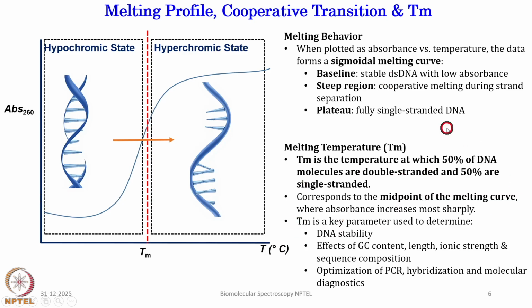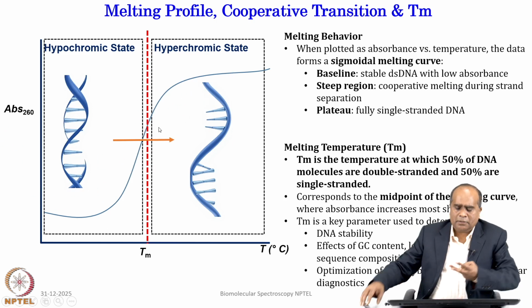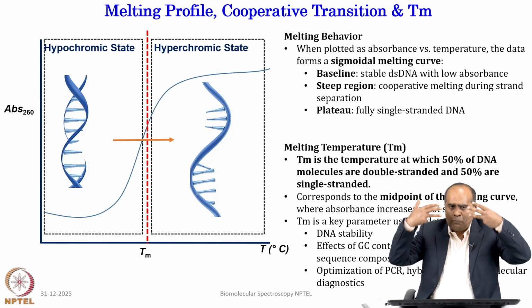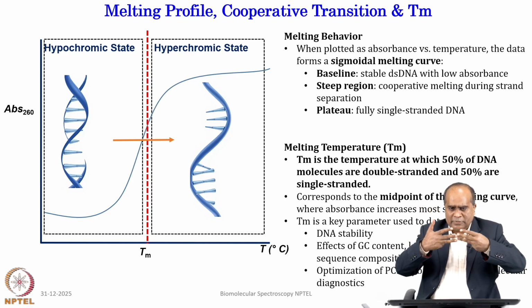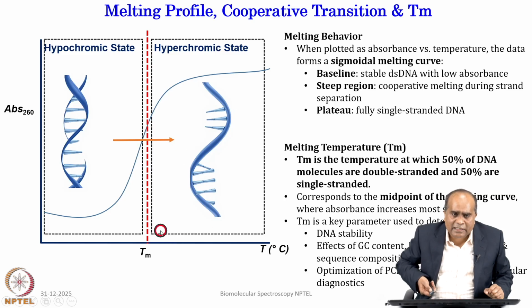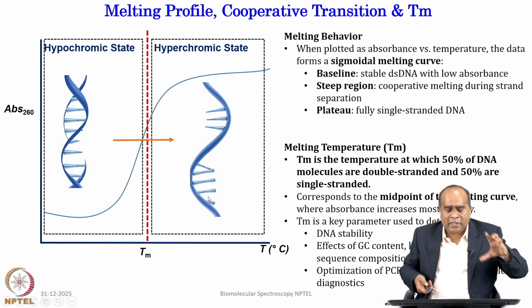So, this corresponds to the midpoint of the melting curve, and this is the key parameter that determines the DNA stability, and also the content of the DNA, whether it is AT rich or GC rich, because GC, you remember, has 3 bonds, right. So, breaking 3 bonds requires more energy than breaking 2 bonds, which is in AT. So, if the Tm shifted in this direction, that means it requires more energy and therefore, it is more stable, right.